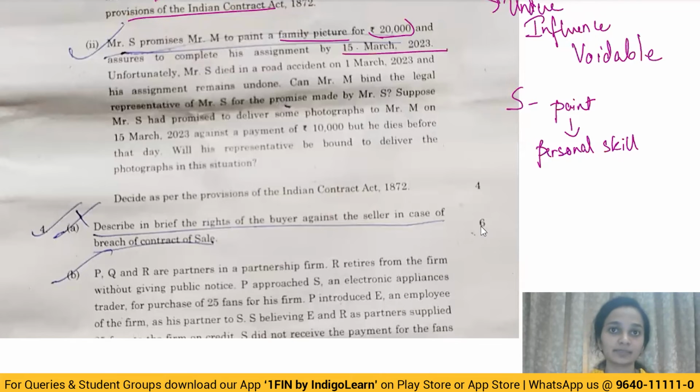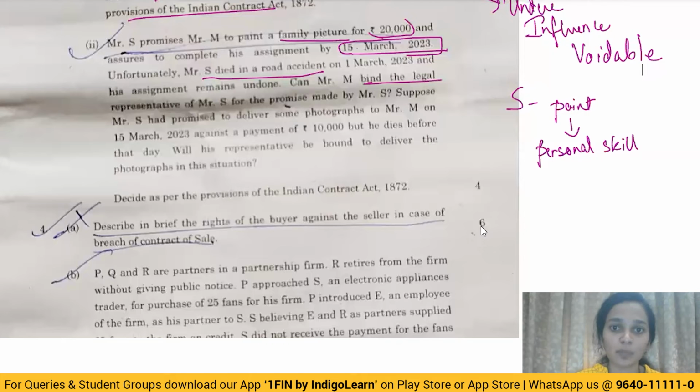So there is a due date which has been fixed for completion of this assignment. Unfortunately, Mr. S died in a road accident on 1st March and his assignment remains undone. So on 1st March, the date prior to the completion date, Mr. S has died and the assignment is still pending. Can Mr. M bind the legal representative of Mr. S for the promise made by Mr. S?